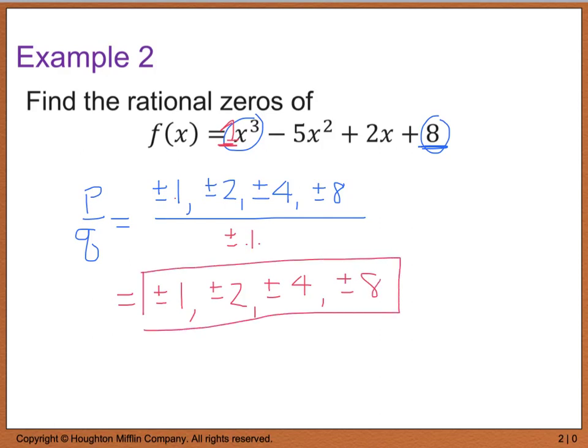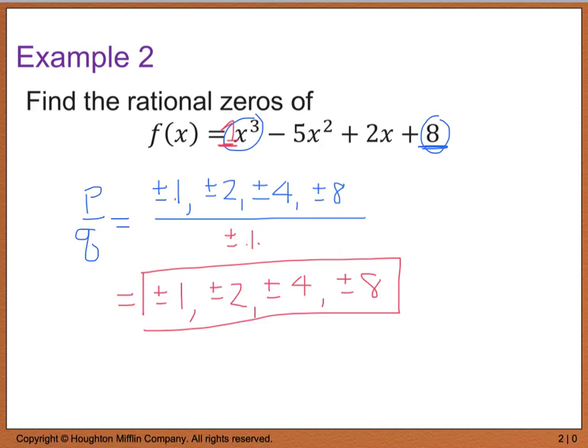So if you look at this, you have a total of 2, 4, 6, 8 different zeros, which is kind of a lot, especially if you're going to have to hand test each one of these, but it's a lot more narrow of a field when you consider that you just went from an infinite number of numbers down to just 8.